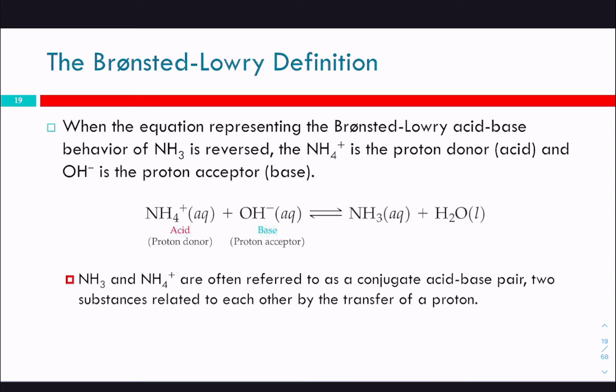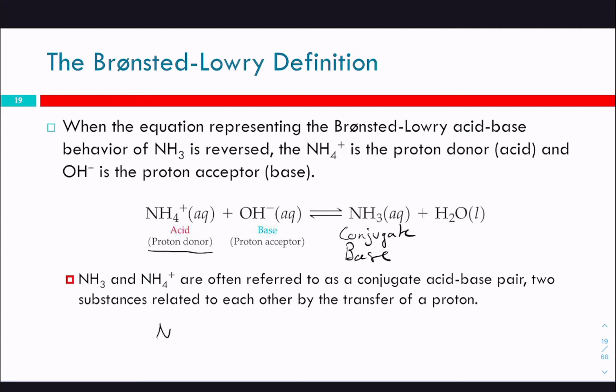It's called a conjugate acid-base pair because one of them acts as the base, the other one acts as an acid. And really the differentiator here is which one's on the reactant side and which one's on the product side. So here, this is our acid. That's a proton donor. So its conjugate base is the ammonia on the product side.